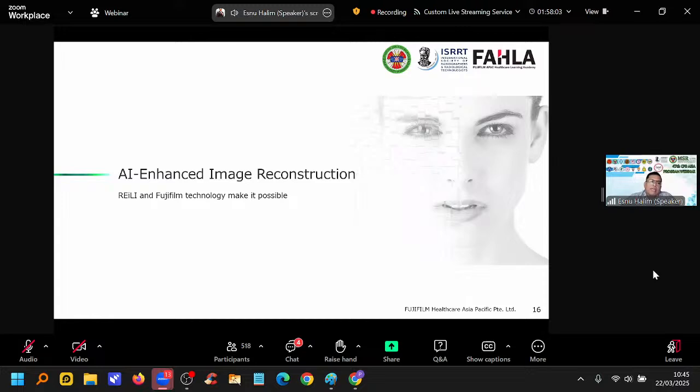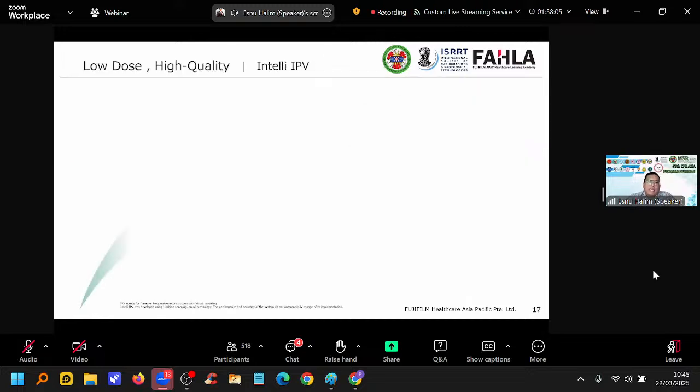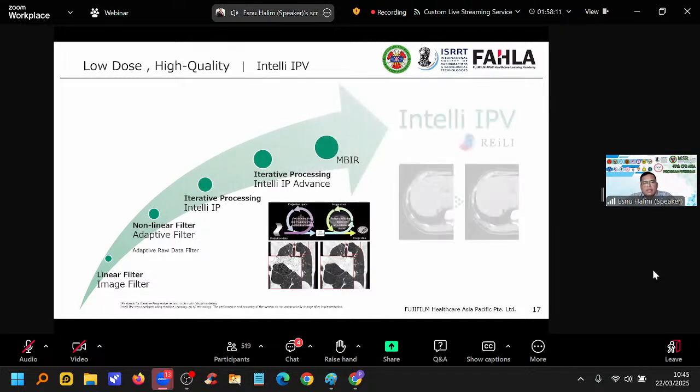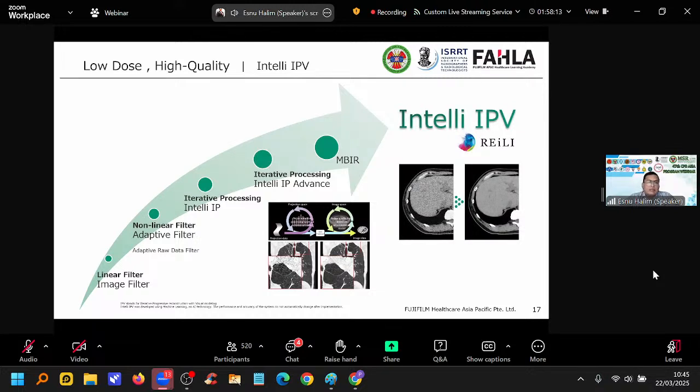We call it Riley, and this is the technology that makes it possible. Over the years, in terms of iterative reconstruction or image reconstruction technology, Fujifilm introduced what they call Intelli IPV, which uses machine learning, which is part of the AI technology.